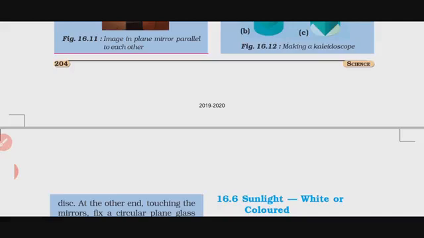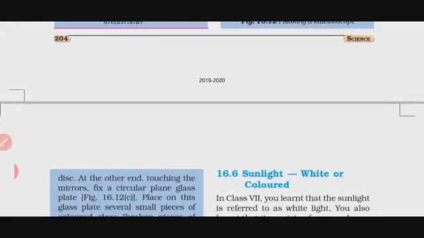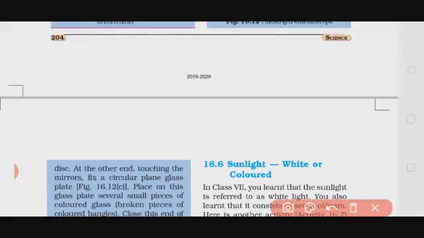The formula is n is equal to 360 degrees divided by x degrees, where x is the angle at which the two mirrors are inclined.